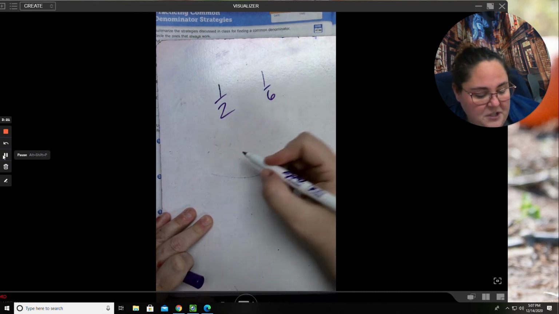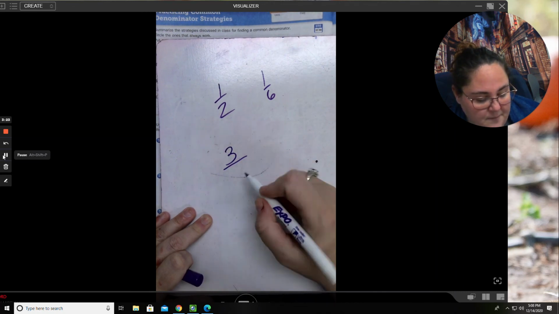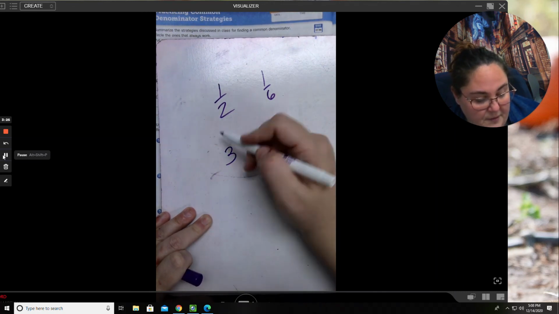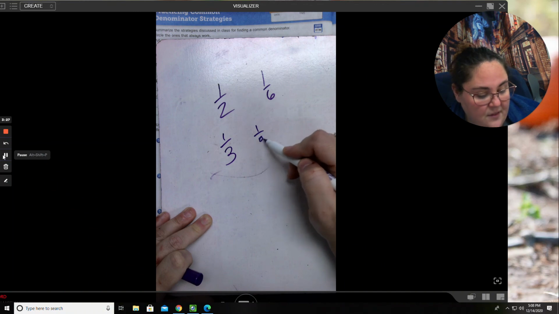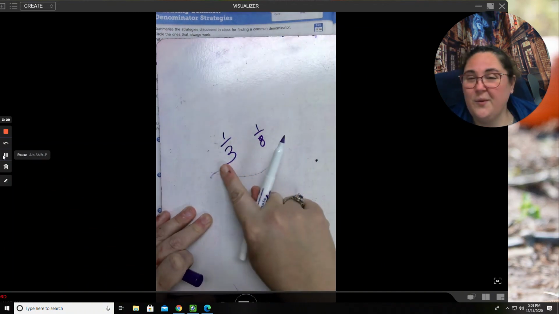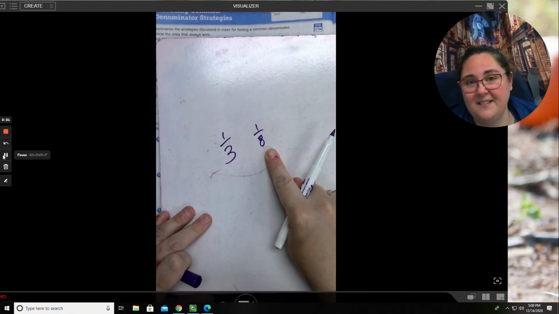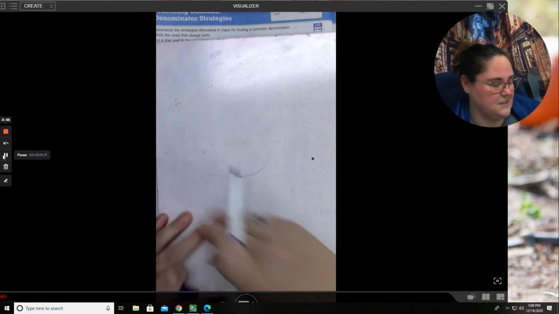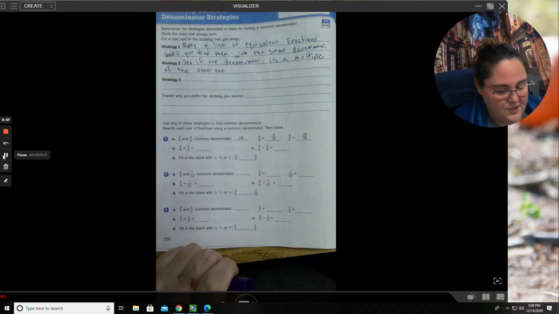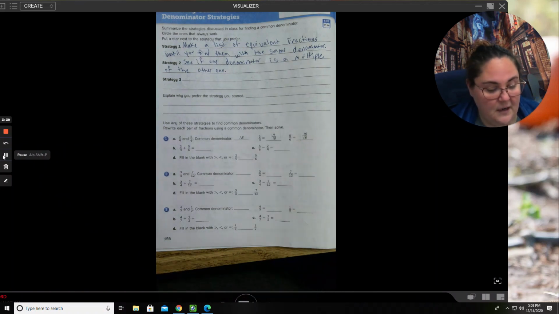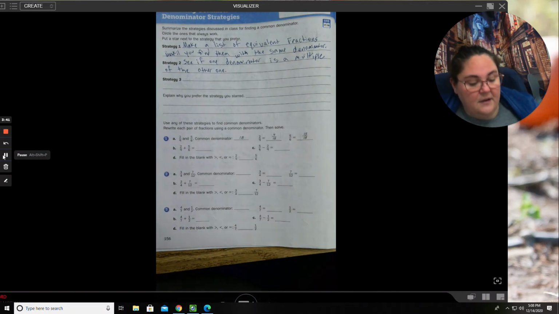So if I had the fractions 1/3 and 1/8, 3 does not go into 8 equally. So this would not work for that one. Okay, does that make sense? So see if one denominator is a multiple of the other denominator, and then if so, use that one.